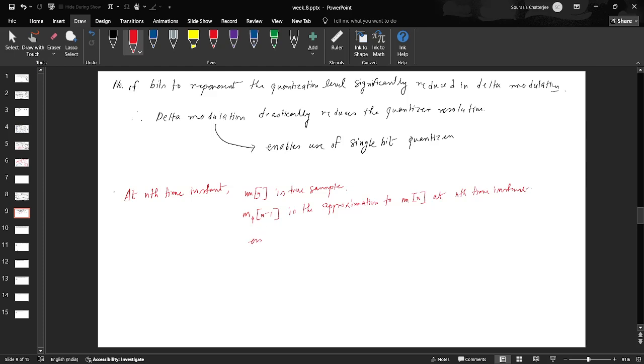So this is your true sample value and this is your approximation. Your error is going to be m[n] minus mq[n-1]. This we call e[n].